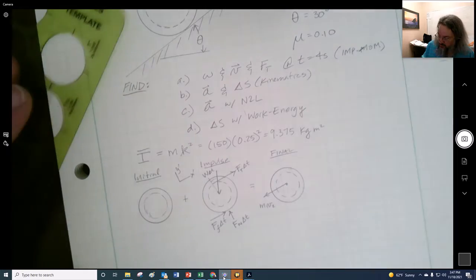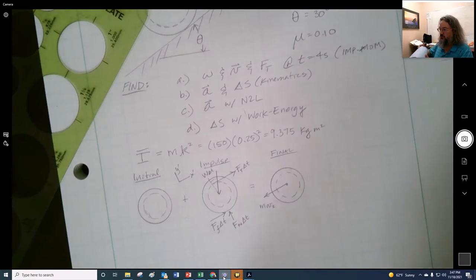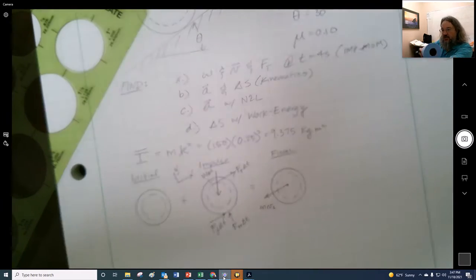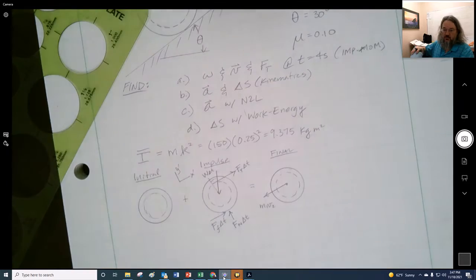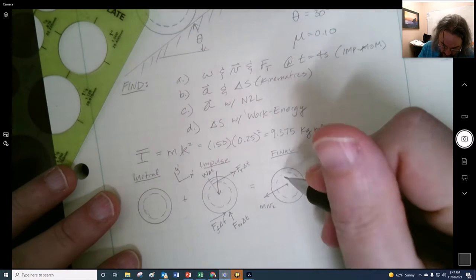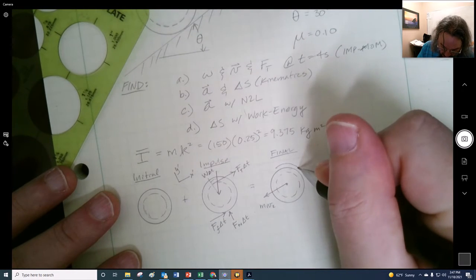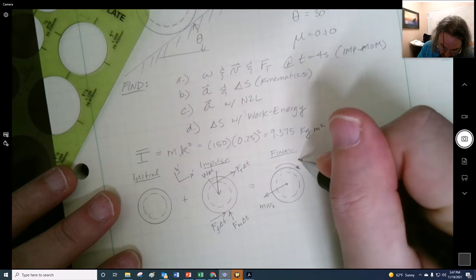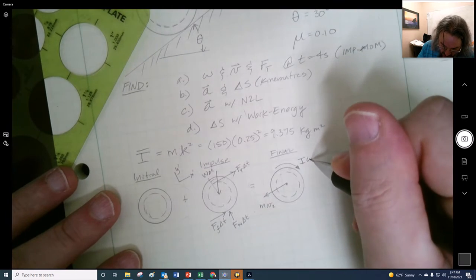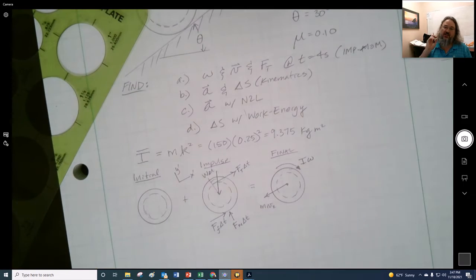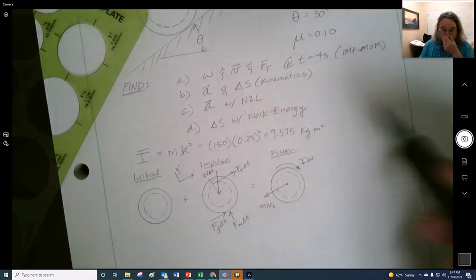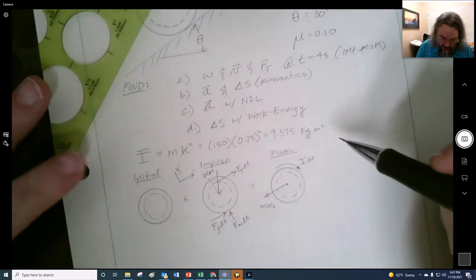But it's also going to be rotating clockwise, right? It has to be rotating this way, with its moment of inertia times the angular velocity. It just has to. It doesn't have any choice because of the way that the cable is arranged.